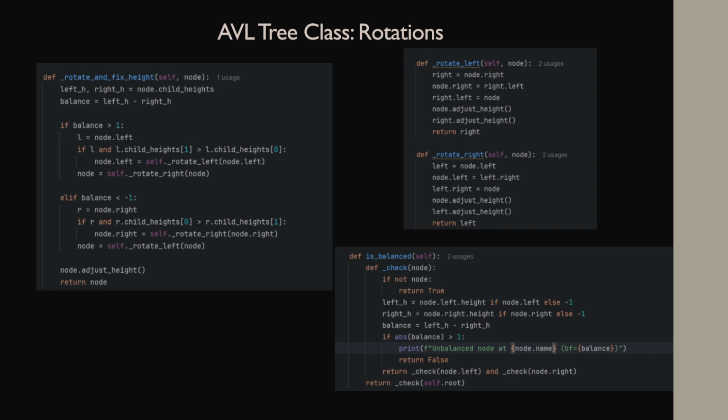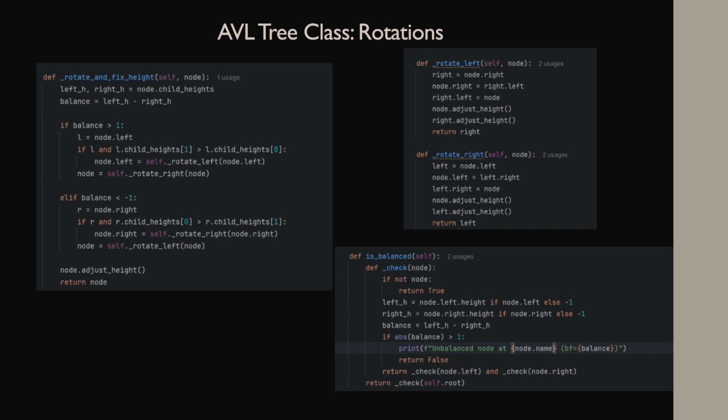Then we update the heights on both of the nodes using adjust height, and it returns the root of the new subtree. The same logic basically happens for rotate right, it would just be inverted.